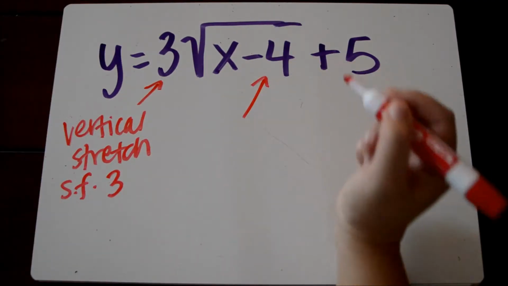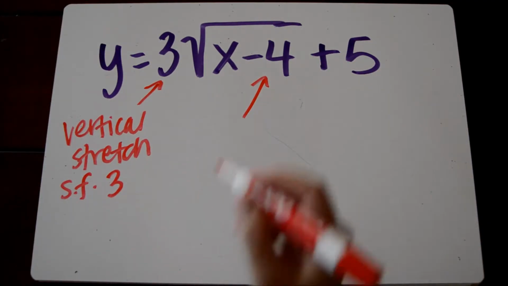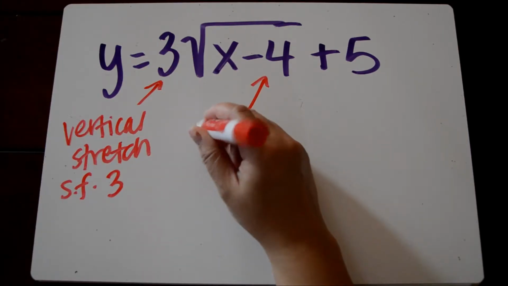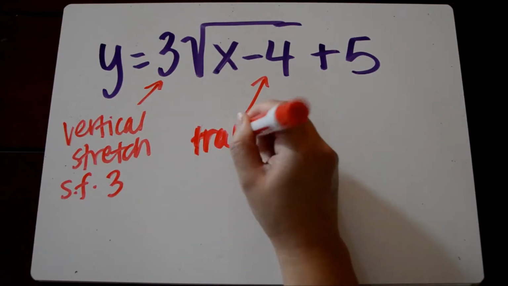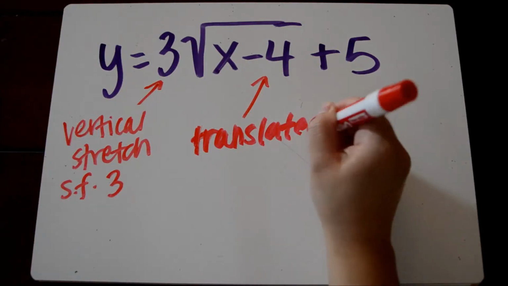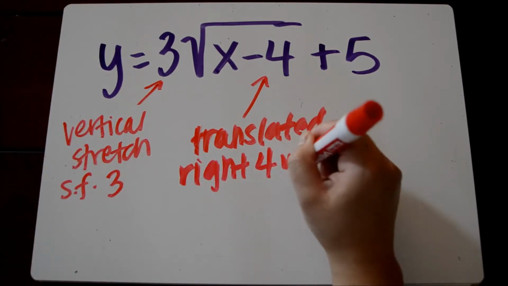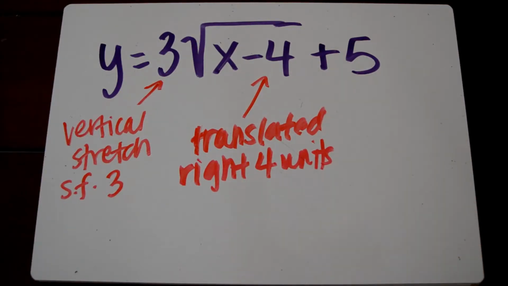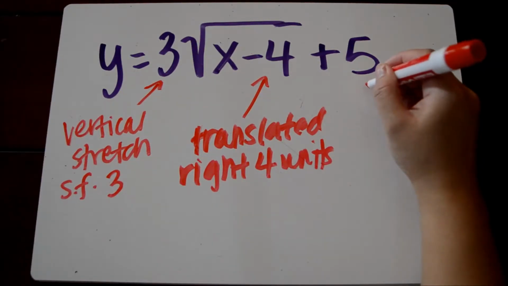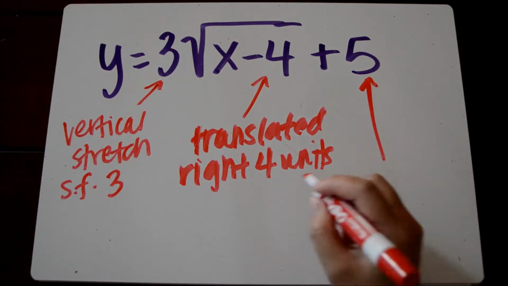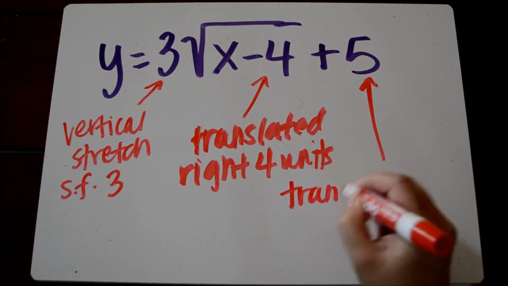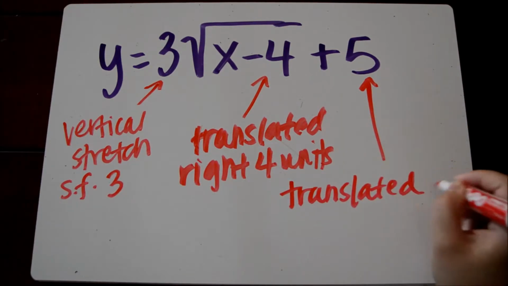Our h value is 4, so that tells us that our graph was translated to the right 4 units. And the k value in this equation is 5, which tells us that the graph is translated up 5 units.